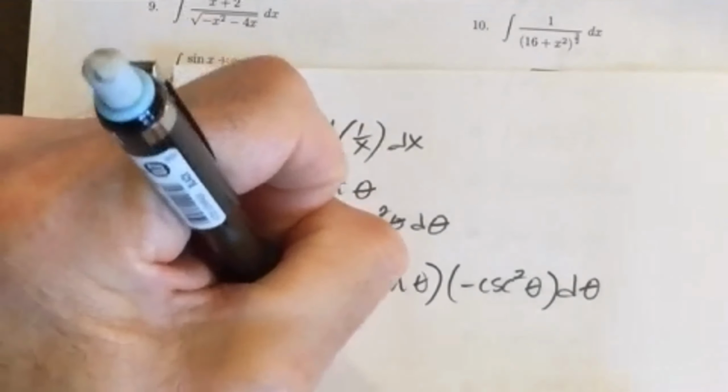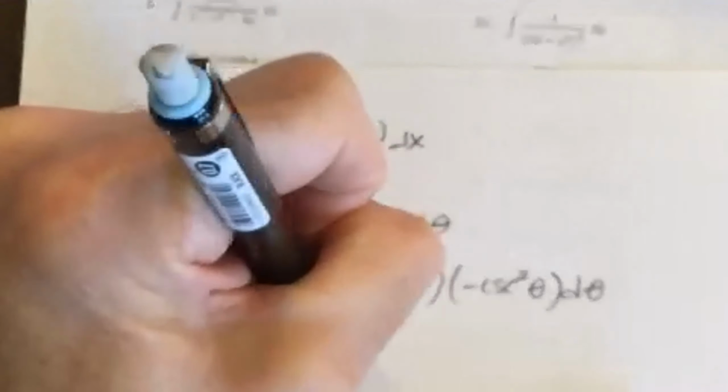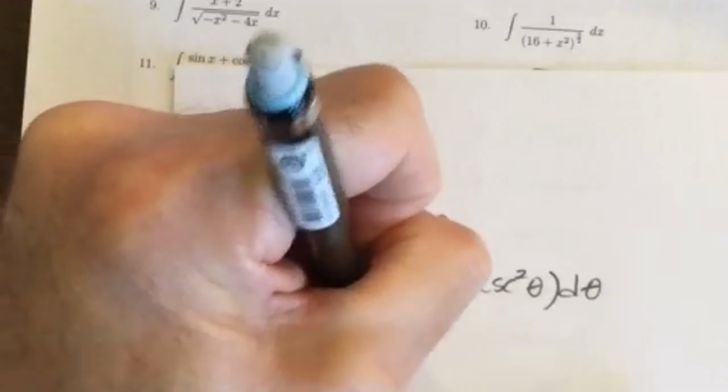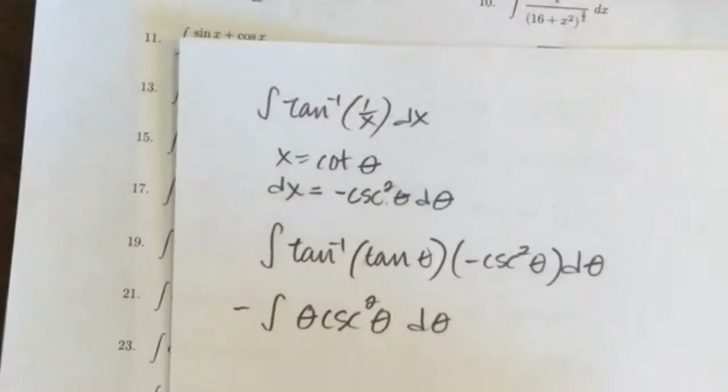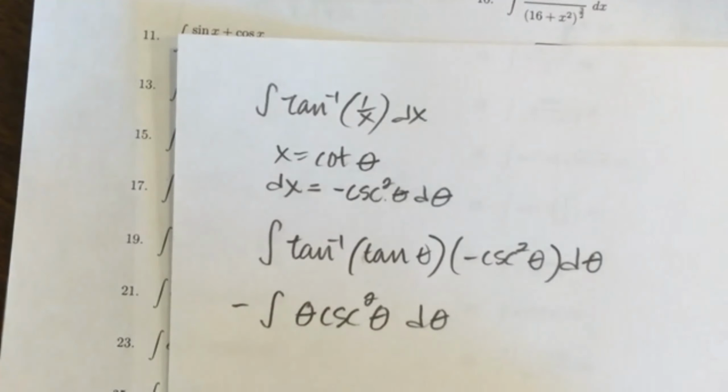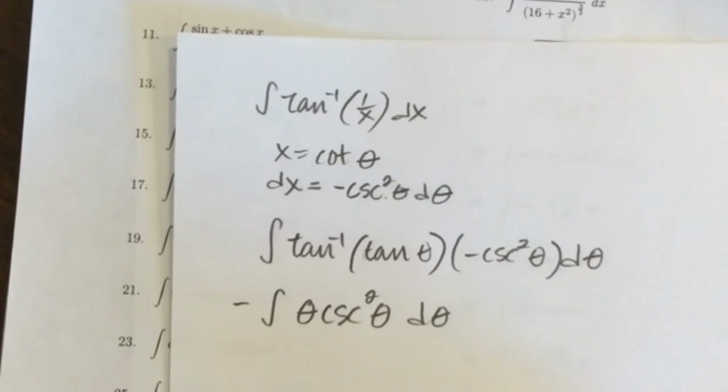Theta. So pull the minus out here: minus theta cosecant squared theta d theta. Well, we changed it from an inverse tangent into a straight-up trig problem now. But now it's looking like we'd have to use what? Integration by parts.